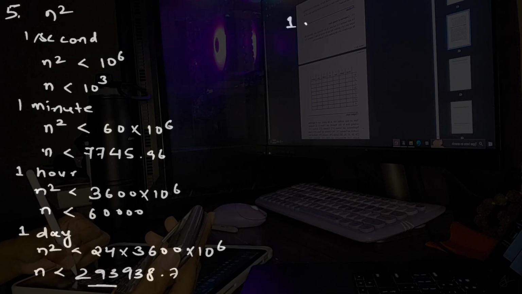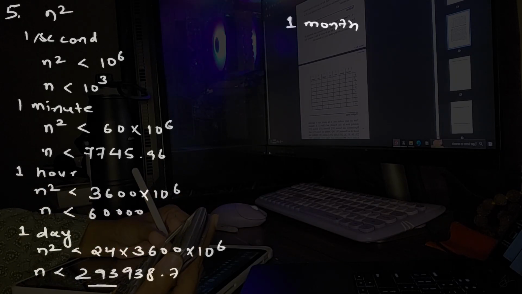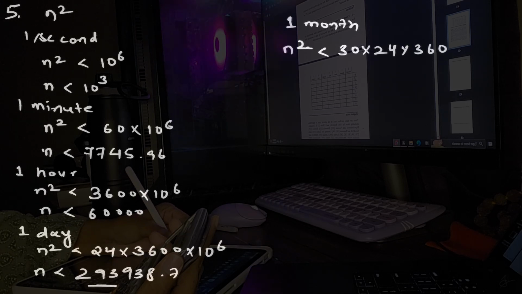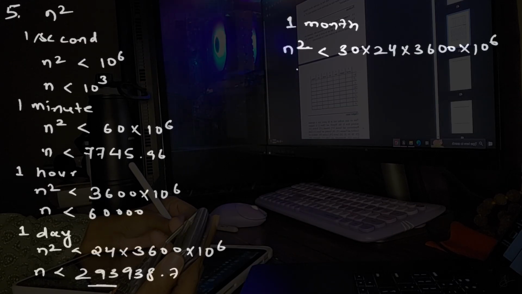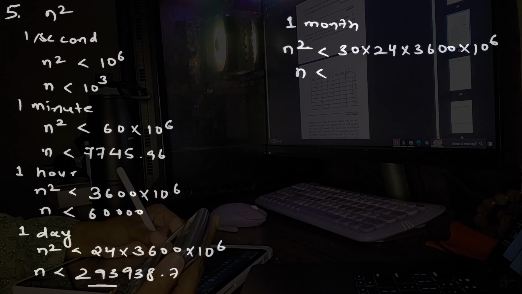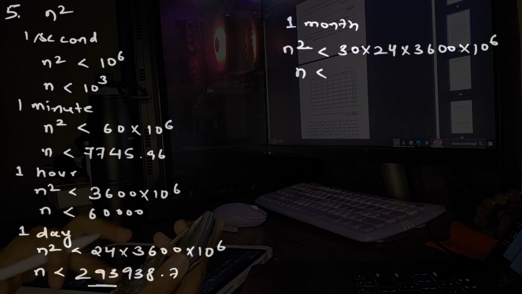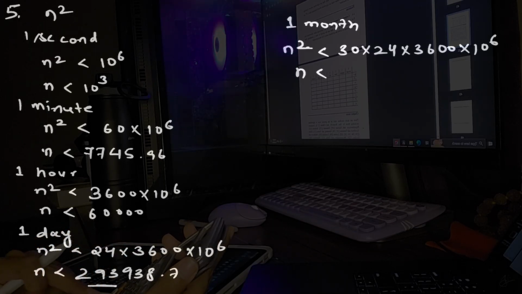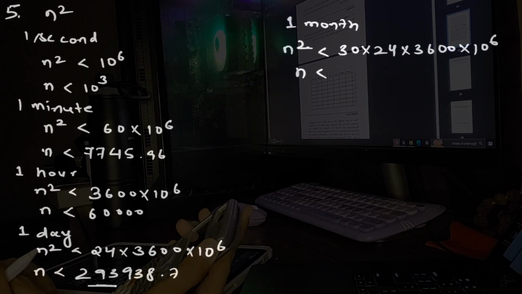Now for 1 month, we have made the assumption that we are going to take 30 days. So n square will be 30 into 24 into 3600 into 10 to the power of 6.